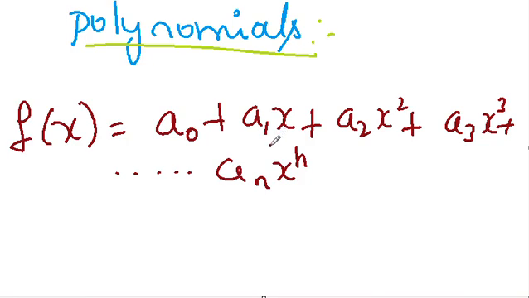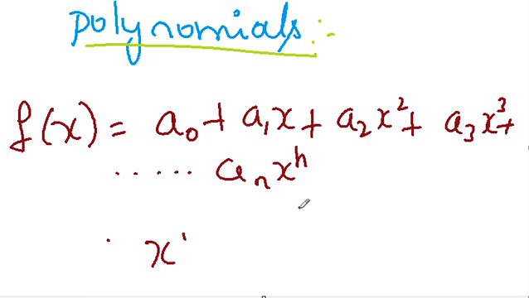This is called polynomial. If the algebraic expression is in this form, then it is called polynomial, which is having more than two terms. Here the variable is x. a1, a2, a3 and an are the coefficients of the variable.